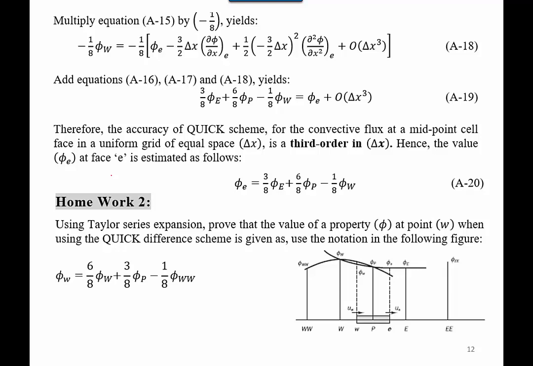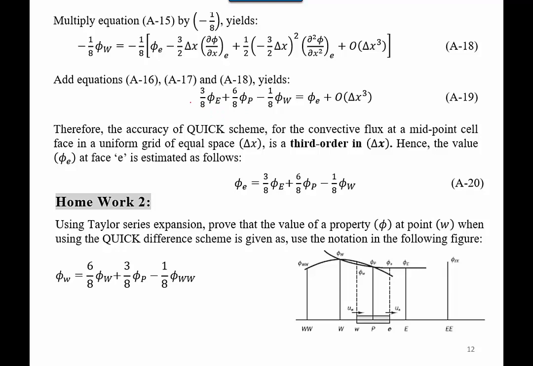If we sum all three resulting equations, A16 plus A17 plus A18, it will give us equation A19, which is phi at the interface E plus the order of magnitude delta x to the power 3. It will be equal to 3 over 8 phi at east plus 6 over 8 phi at point P minus 1 over 8 phi at big W.